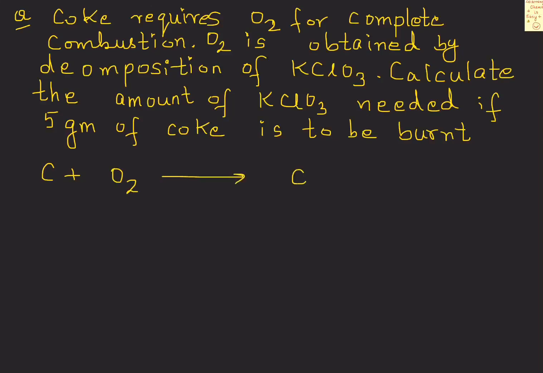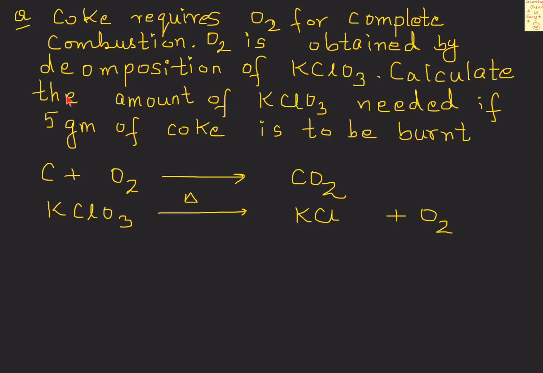Carbon plus oxygen gives you carbon dioxide. Perfect. Oxygen is obtained by decomposition of potassium chlorate. So, that equation we also know, KClO3 gives us KCl plus O2 on thermal decomposition, right?